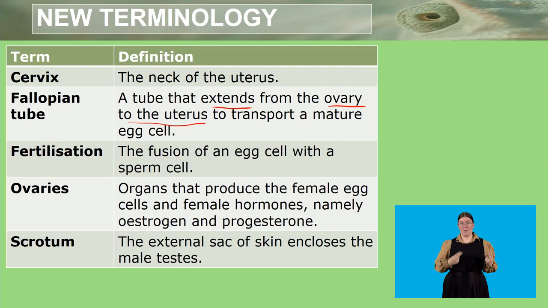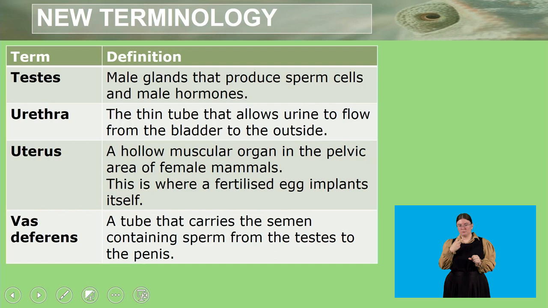And then we are also going to look at the scrotum. This is the external sac of skin that encloses the male testes. We are going to look at what these testes are. These are male glands that produce sperm cells and male hormones, namely testosterone.